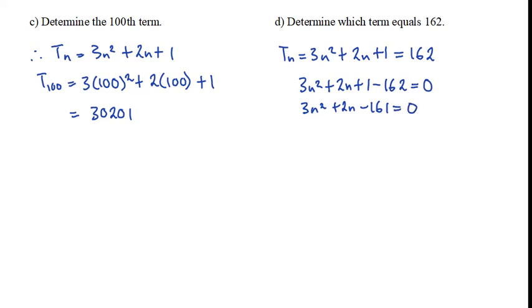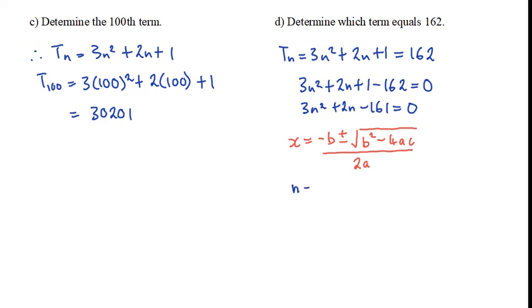Okay, that is a standard quadratic equation. You will remember the quadratic formula, right? This one: x is equal to negative b plus or minus square root of b squared minus 4ac over 2a. Okay, so we're going to use that quadratic formula now to solve that quadratic equation that we have there.